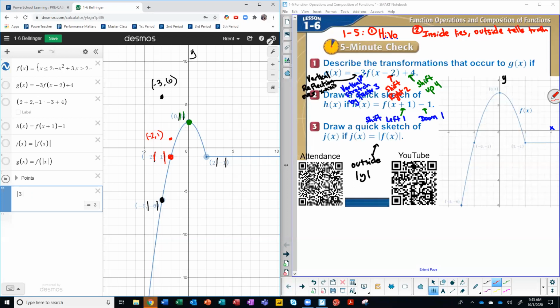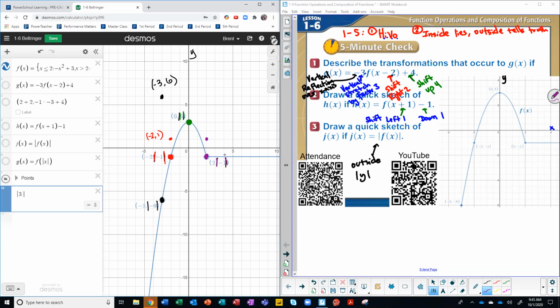And now let's check this. I gotta change color on my smart board here, sorry. Let me click over here on this part of the screen. All right, this point. What is the absolute value of -1? +1.